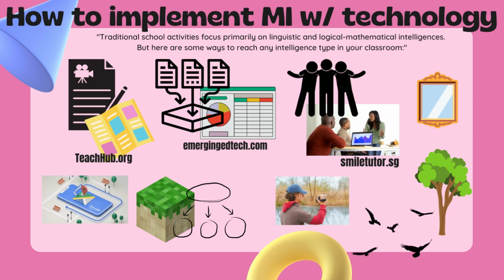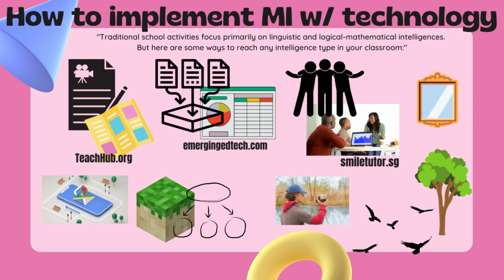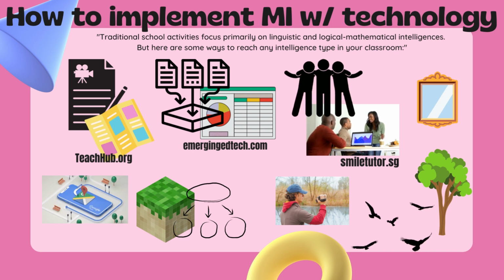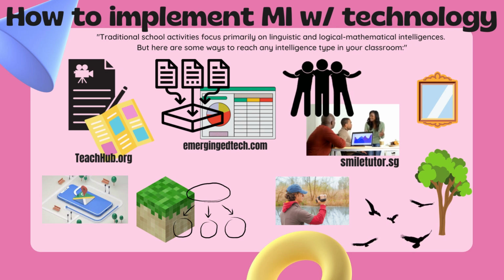Bodily kinesthetic learners need to physically stimulate their environment. So the use of online coding systems or a dance function will really get them interested in what you're learning. Your visual spatial learners are easy.